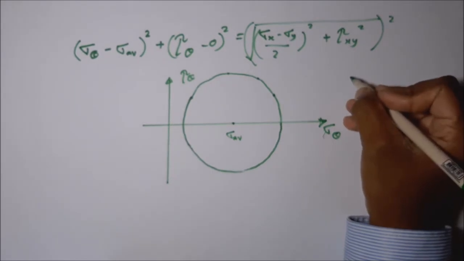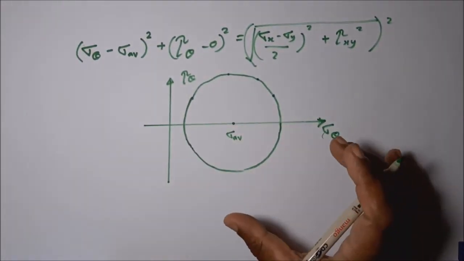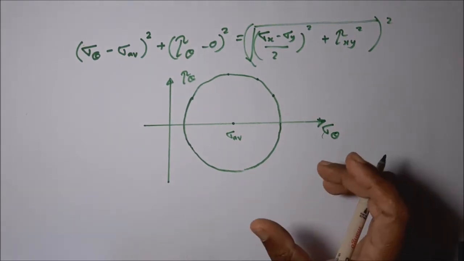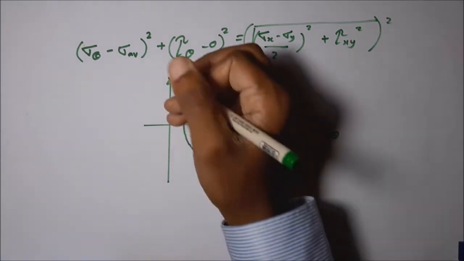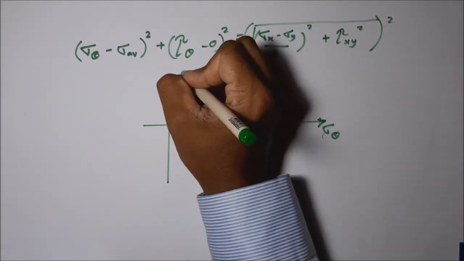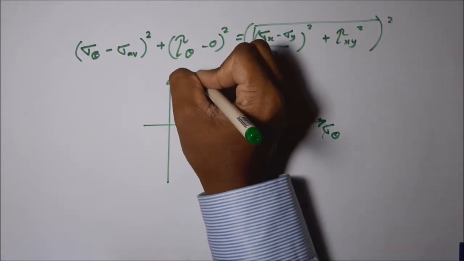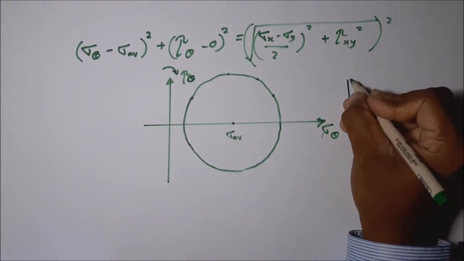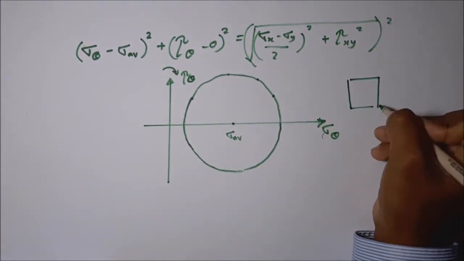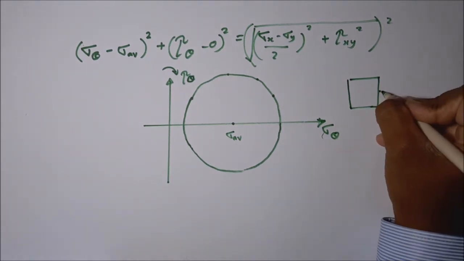When we represent these stresses, we should have a sign convention. Later I will explain this sign convention. For example, let's assume we measure tau theta in a clockwise manner. Let's take this kind of plane stress system for a certain point.